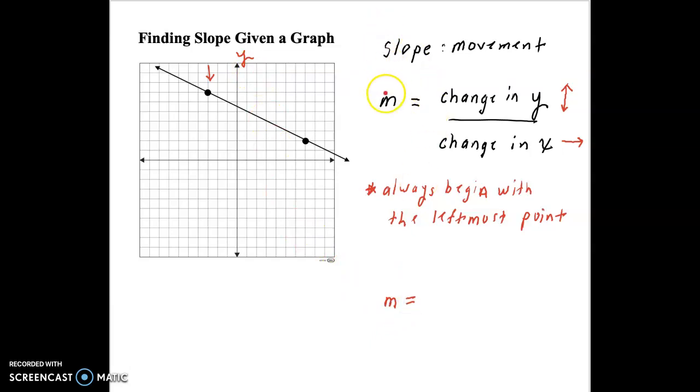is we want to figure out the change in y, meaning if you were riding on an elevator and you began at this point here, would you have to go up the elevator or down the elevator to get to this point here? Well, I'm hoping that you would see that you would have to move down in this direction right to here, right?